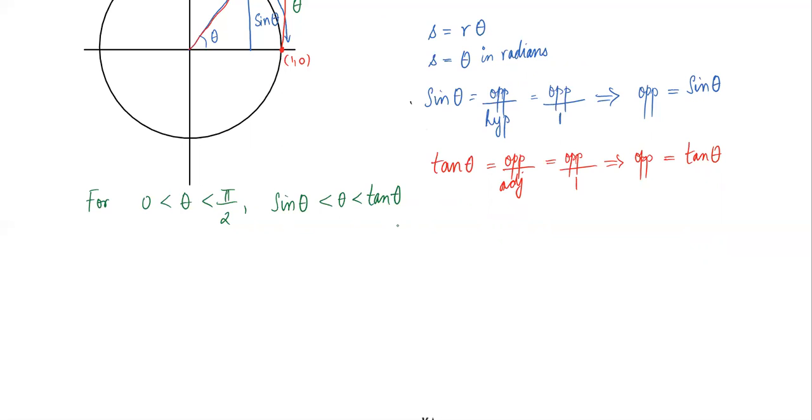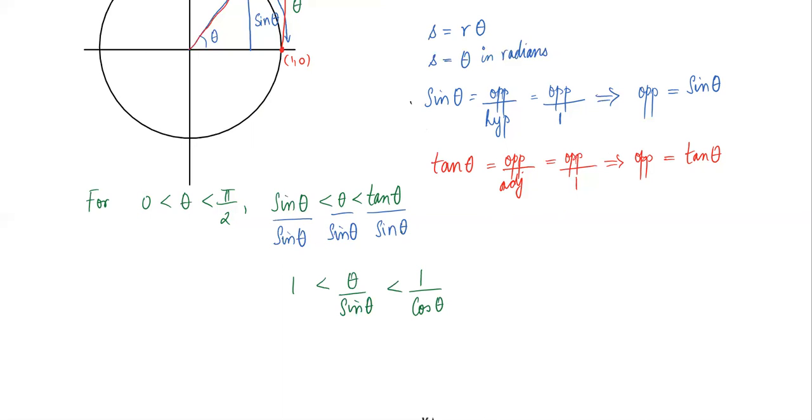I would like to divide this inequality throughout by sine theta. So this becomes 1 less than theta over sine theta less than, now tan is sine over cosine, isn't it? So the sine on the top for the tan and the sine in the bottom will cancel each other, leaving us with 1 over cosine theta. Does that make sense? Tan theta over sine theta, rewrite the tan theta as sine theta over cosine theta. This is what you get.